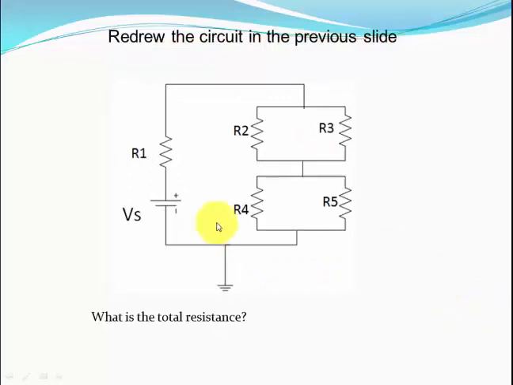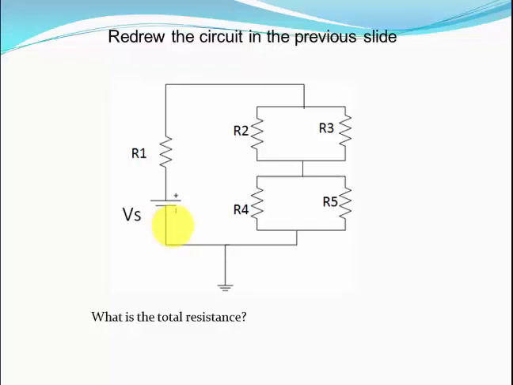Like this: R2, R3 in parallel, R4, R5 in parallel. And then you understand that if they are in parallel, you can combine those two together, and also you can combine those two together. And the question is, from the power supply's point of view, what is the total equivalent resistance?